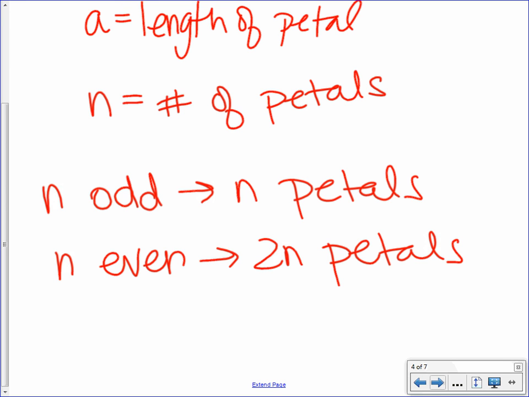What's actually going to happen is when we have an odd number of petals, it's only going to take us from 0 to pi to draw all of those out, while if we have even petals, it'll take us from 0 to 2 pi to draw all of the petals. Not a huge deal if you remember it or don't, but it may be helpful to some of you who like to see patterns like that.